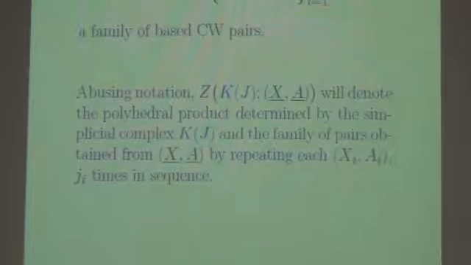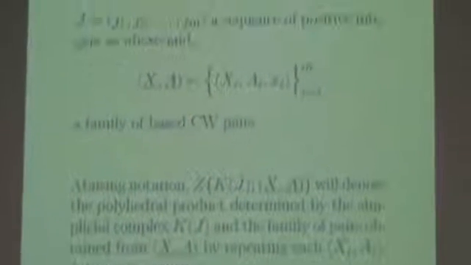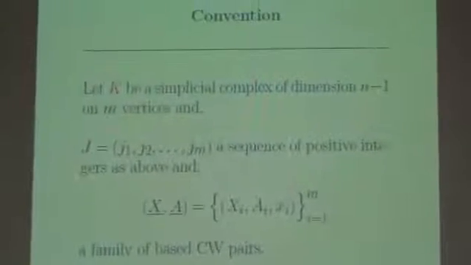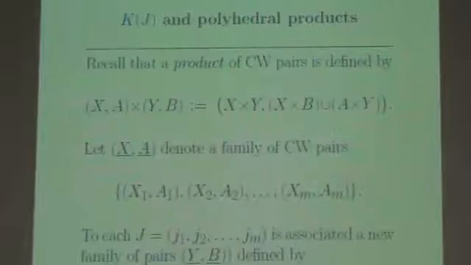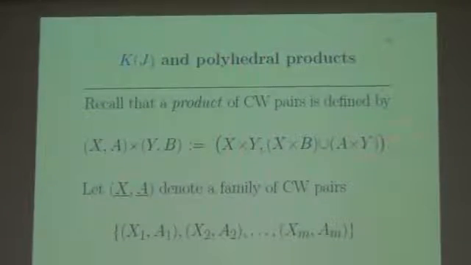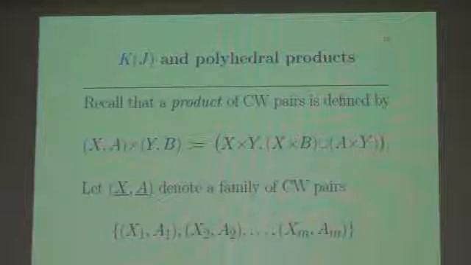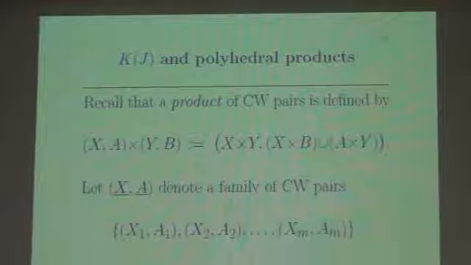So let's look, I think, at an example here. Oh, no, I haven't said what I want to say yet. Now, I want to investigate what is the effect of this K of J on polyhedral products. And it's rather extraordinary, surprising.